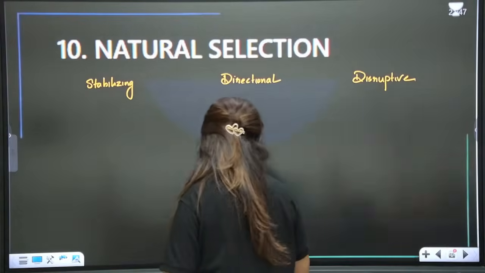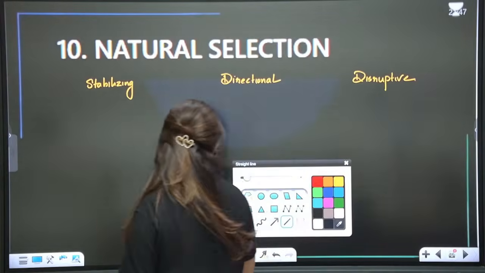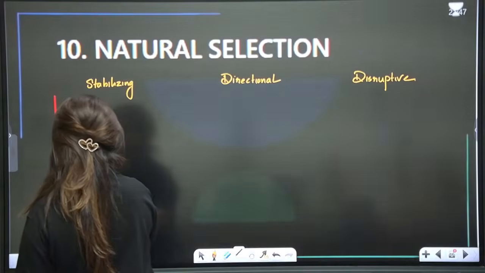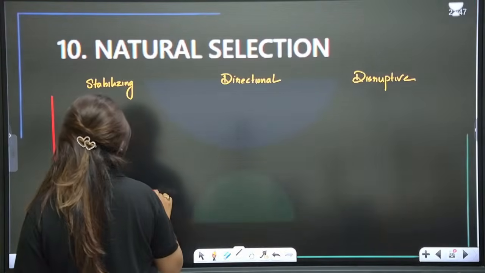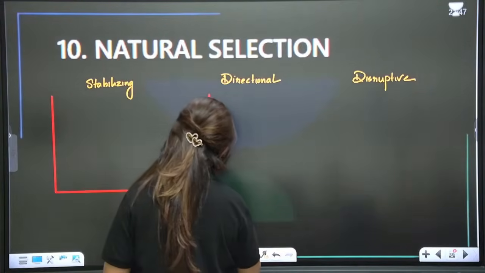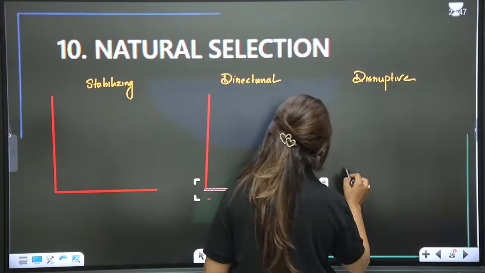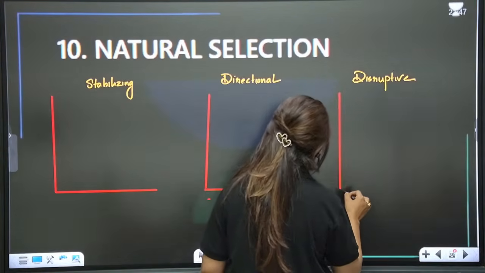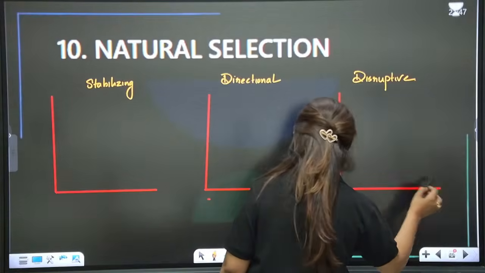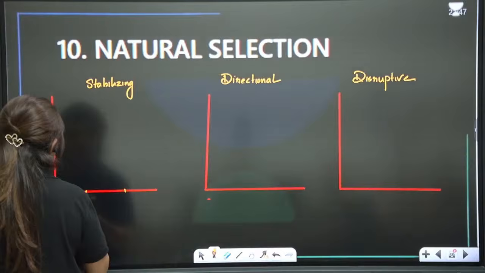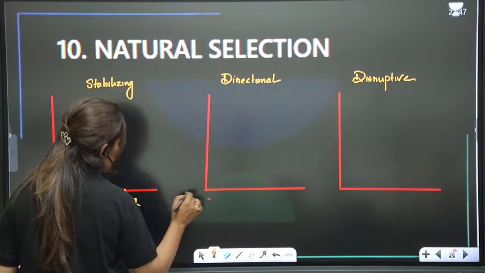Now see, what are the differences between these? Let's assume there are 3 types of individuals: small, medium, and large.